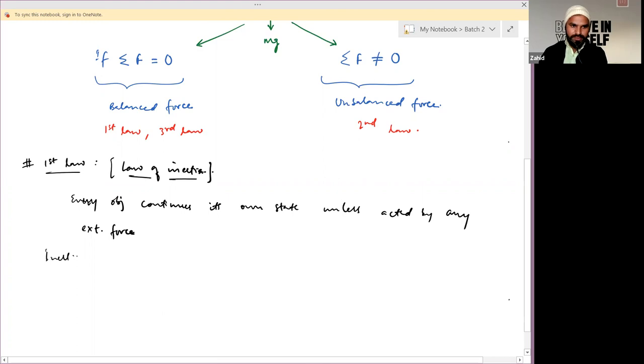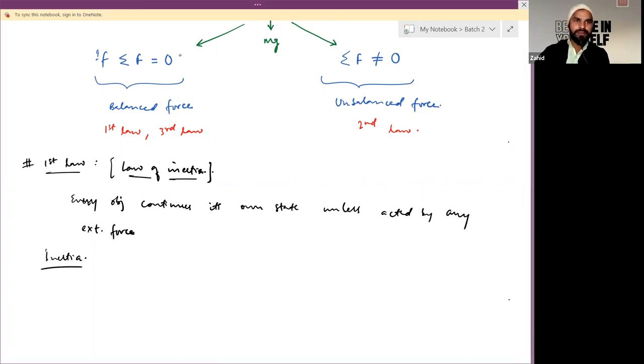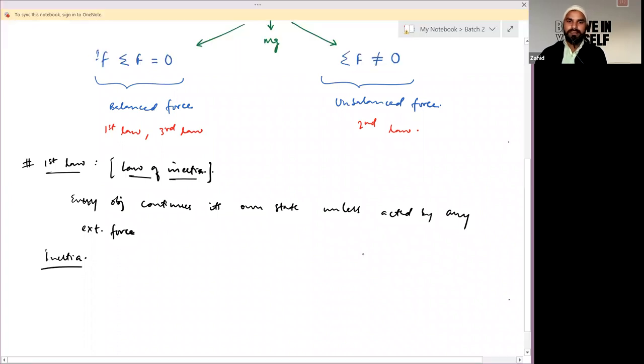So first is, what do you mean by inertia? Suppose there is a block which is kept over a table. And if you leave it undisturbed, does this block have a tendency to change its state by itself, or it can't change it?